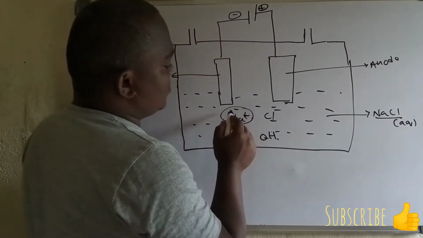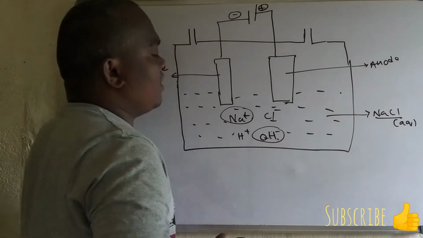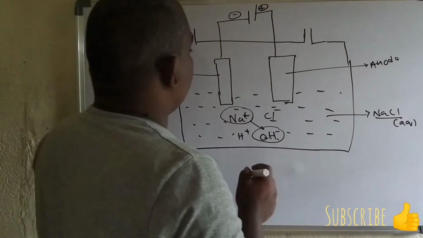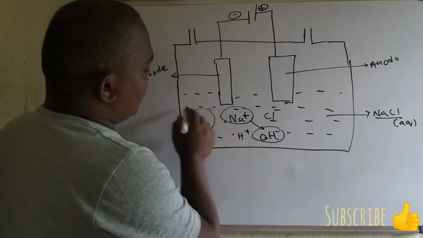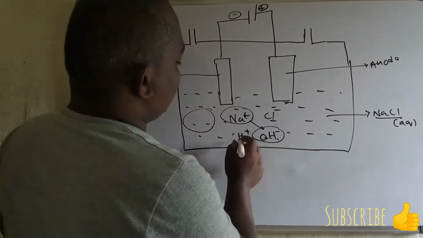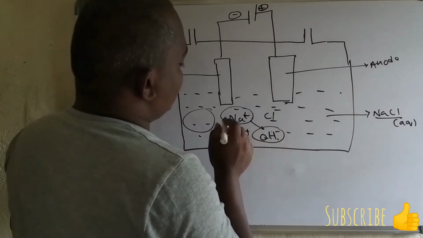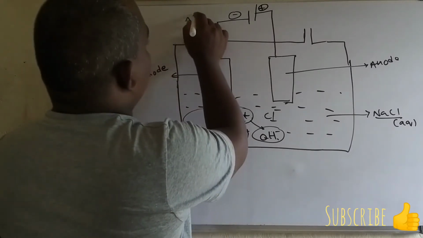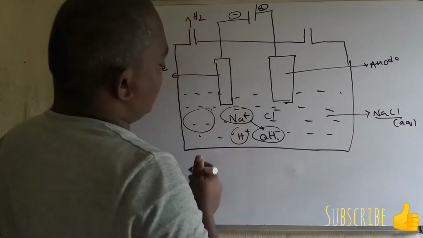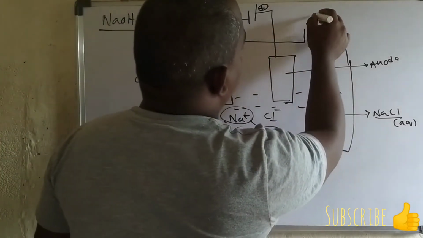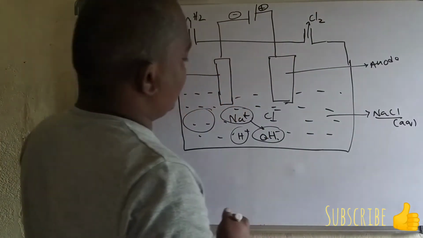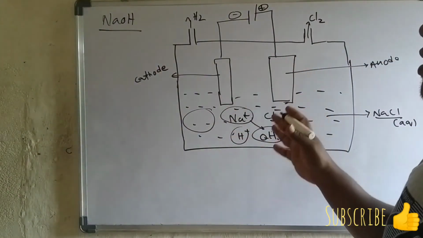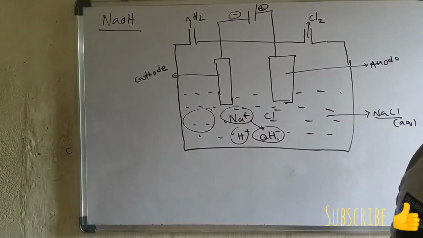The Na+ from the sodium chloride and the OH- from the water form sodium hydroxide near the cathode. The H+ ions move to the negative side and come out as hydrogen gas near the cathode, and chlorine comes out as chlorine gas near the anode. This is how sodium hydroxide is extracted.